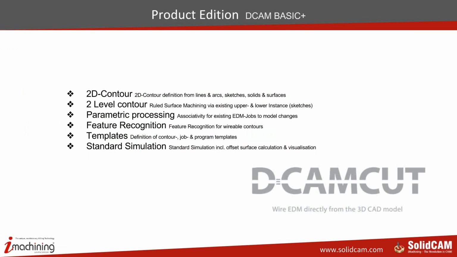The next feature is a parametric processing, which is synchronization between the reference model and our EDM jobs. When we change our reference model, our jobs will be automatically synchronized. Therefore, we will not lose time to make new operations, and we have automatic update.